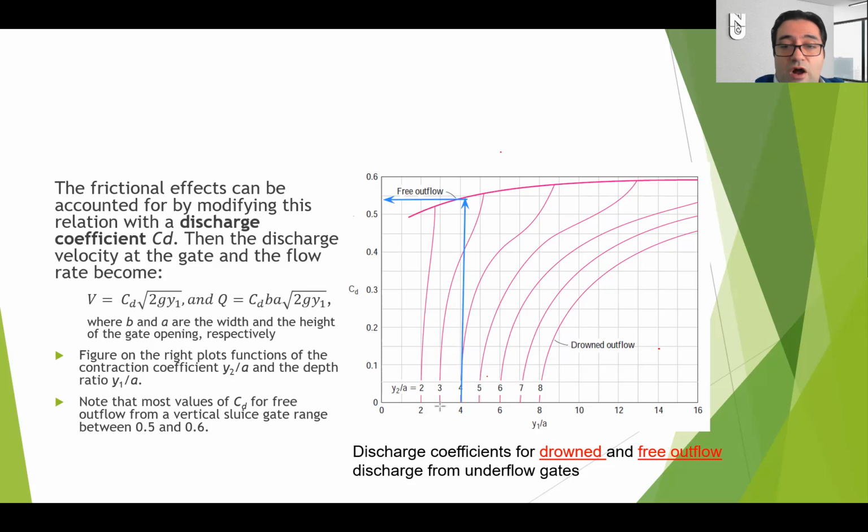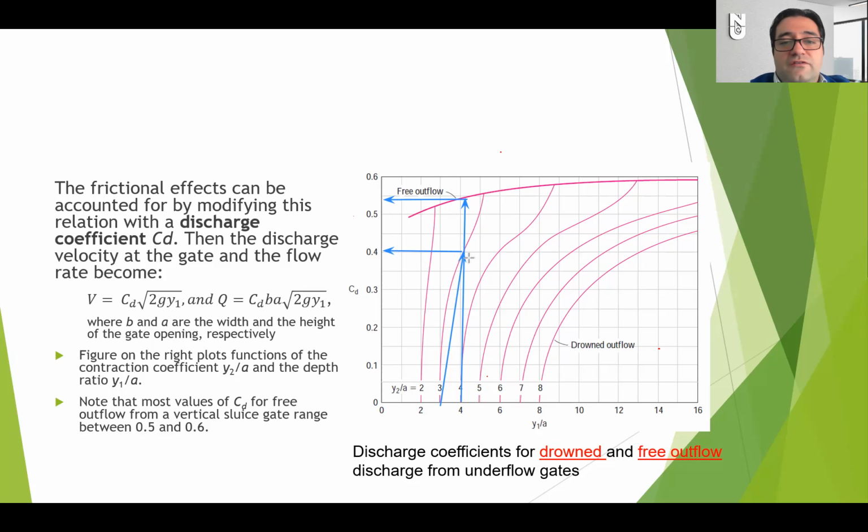And if it is a drowned flow, you should also calculate the Y2 over A value. Let's assume that it is this. See that they hit each other here. So I am following this graph, and this will be your CD value for a drowned flow, which has, for example, 4 meters depth of water upstream, 3 meters water depth downstream, and 1 meter opening under the gate.